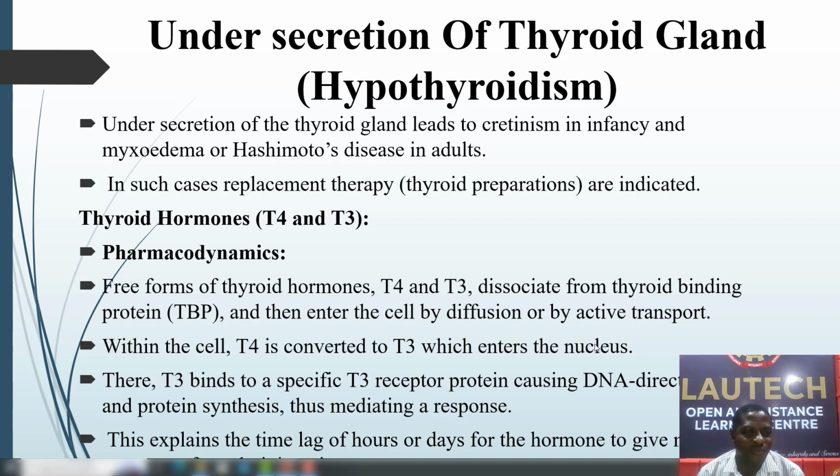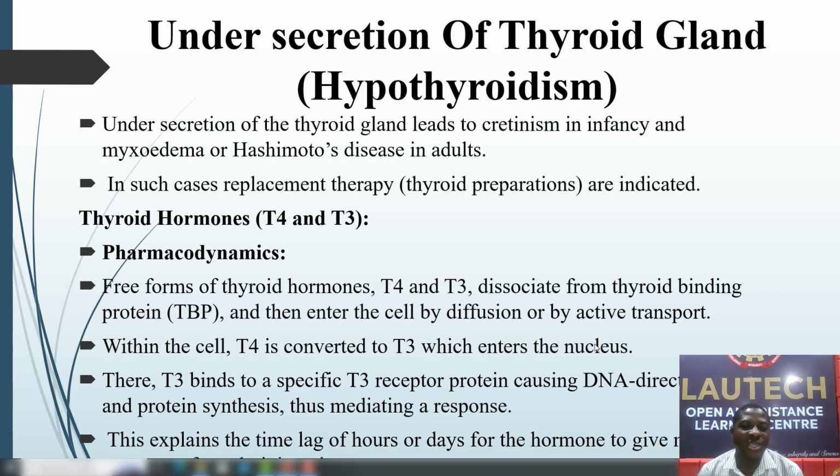Looking at the pharmacodynamics of these thyroid hormones, the free forms of thyroid hormone, T4 and T3, dissociate from thyroid binding protein and then enter the cell by diffusion or by active transport. Within the cell, T4 is converted to T3, which enters the nucleus.